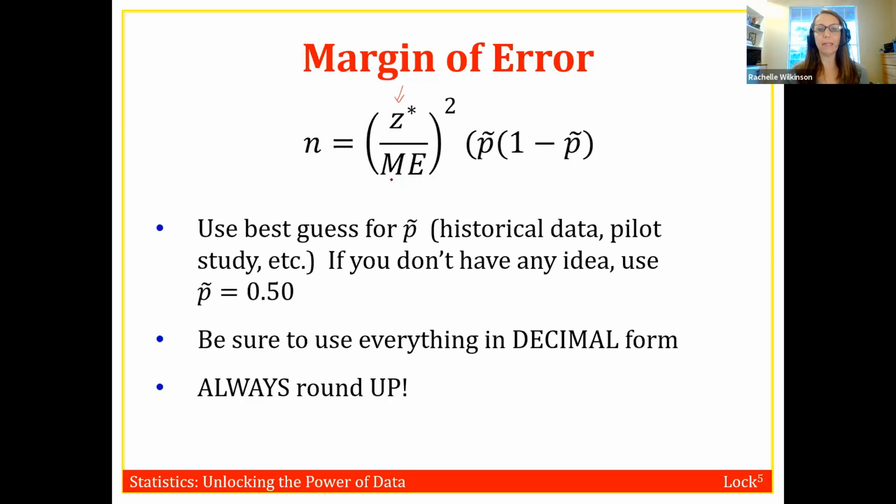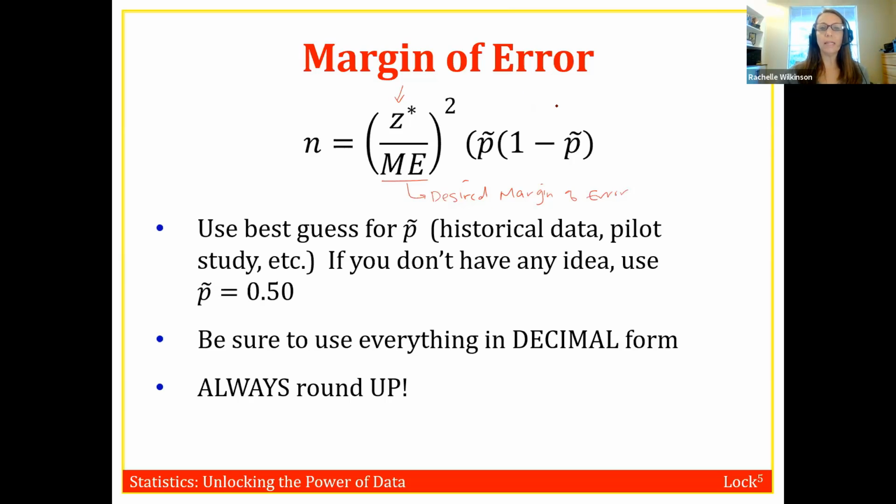This ME is going to be our desired margin of error. So whether that's 3%, 4%, 5%, 1%, we're going to plug that in right here. And we always plug this in decimal form. So if I want my margin of error to be plus or minus 3%, then I would use 0.03 here.